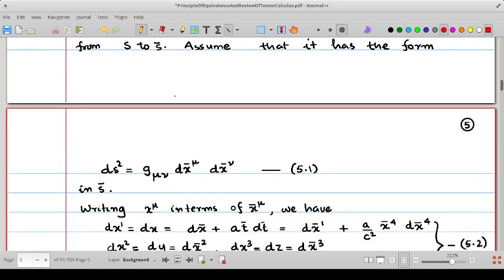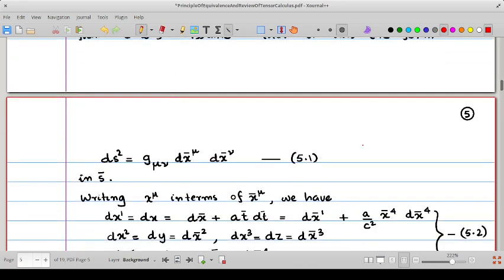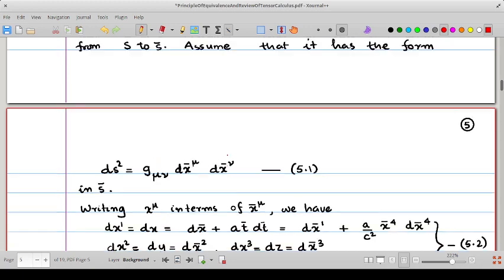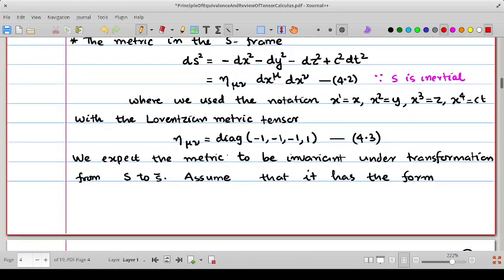So that means in the frame S bar, assuming that the metric tensor is given by g mu nu, ds square should be given by g mu nu dx bar mu dx bar nu. But now this should be equal to this expression given by 4.2 as well.